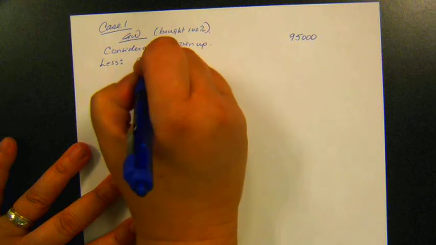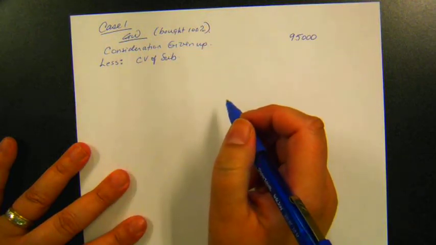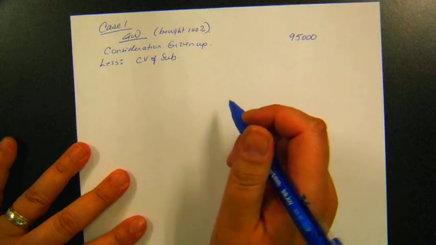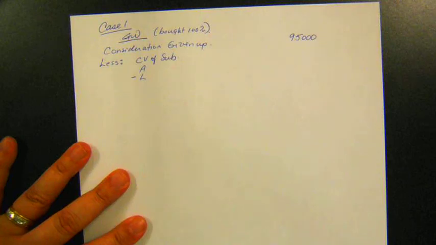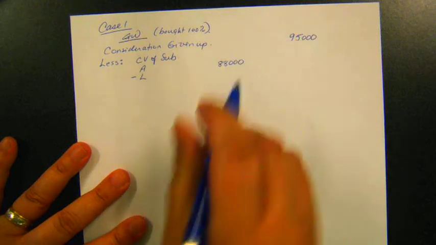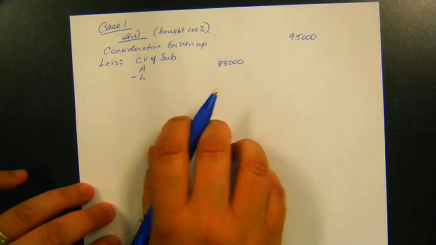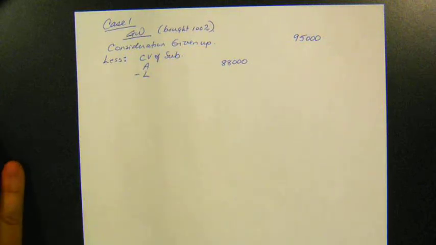Okay, less carrying value of sub. We're going to take assets minus liabilities at the carrying value. So 88,000. And what were our liabilities? 30, right?